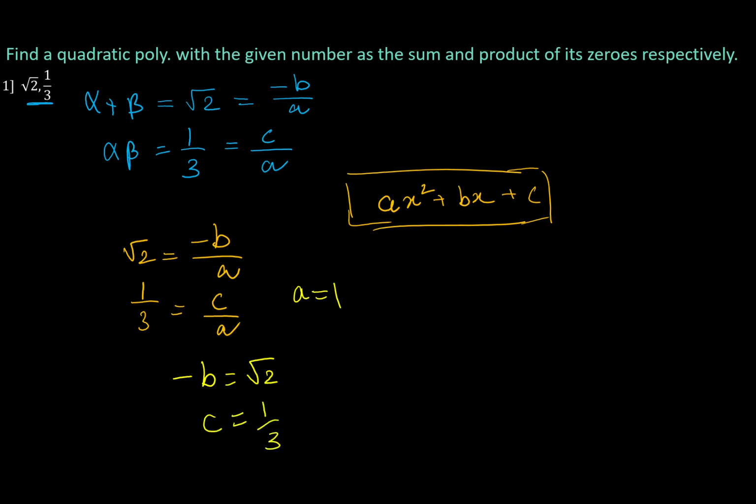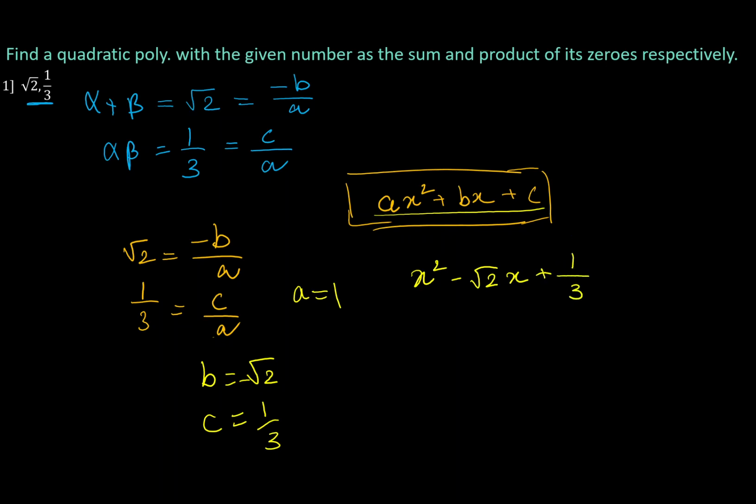Now if we have minus b here, the minus goes over there and basically becomes minus under root 2. So for the coefficient of x we have to write minus under root 2 and the constant term will be 1 by 3. So that will be x square minus under root 2 x plus the constant term.